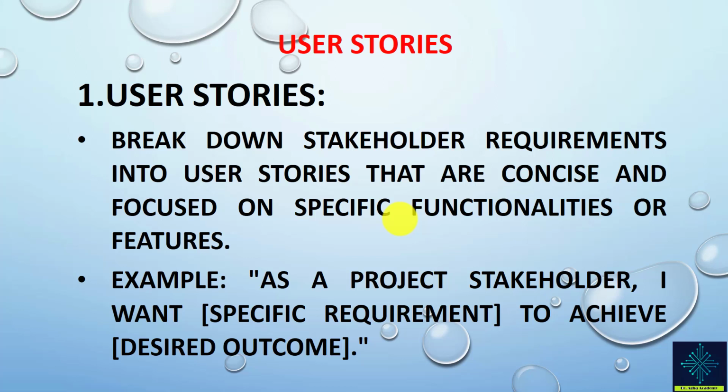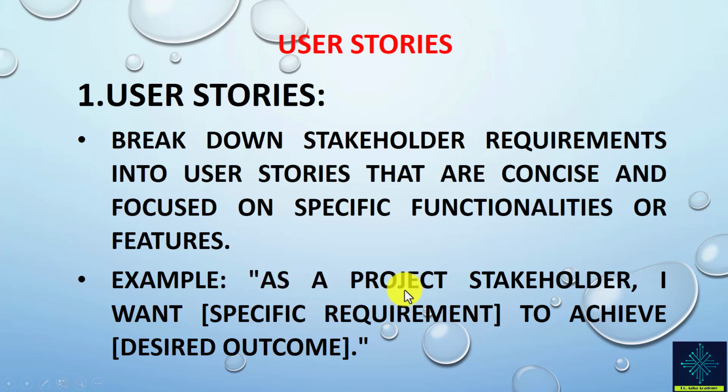These functionalities or features are very much related to the project, of course, the project and products, or the deliverables of the product. As an example, we can just put this into a sentence like this.